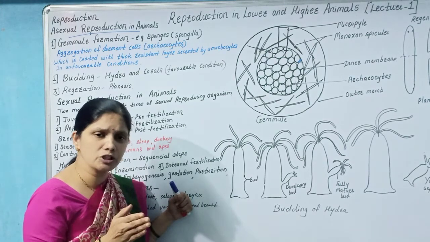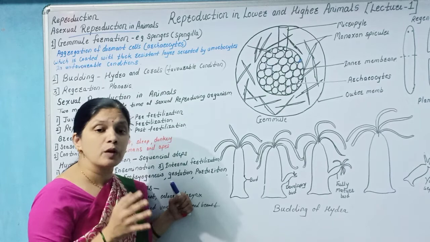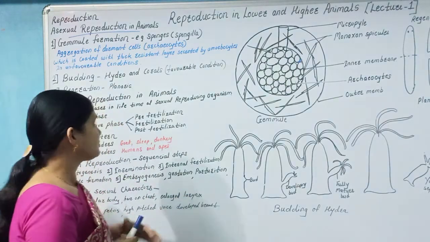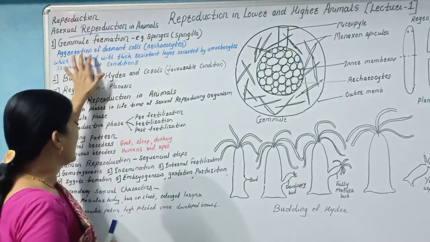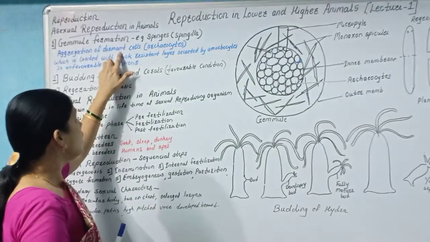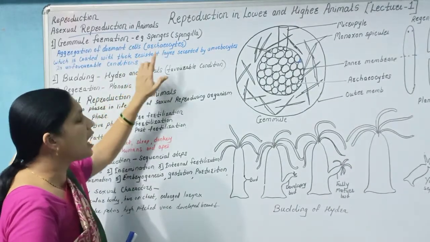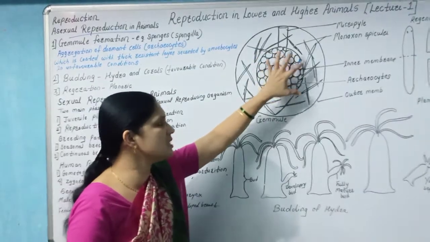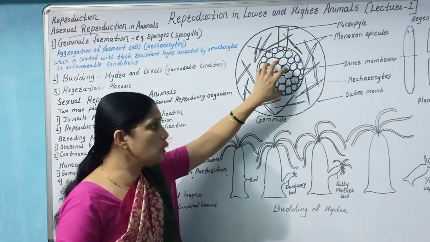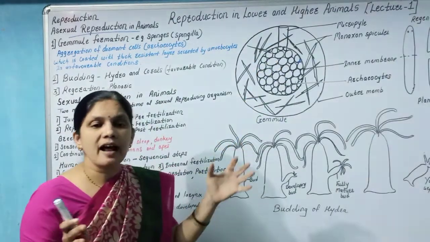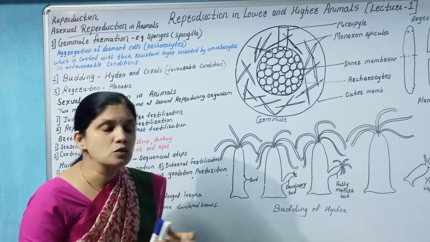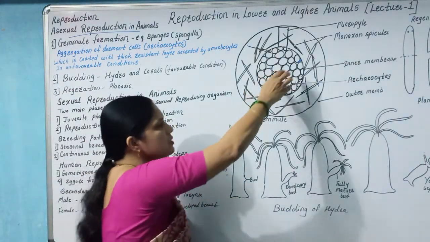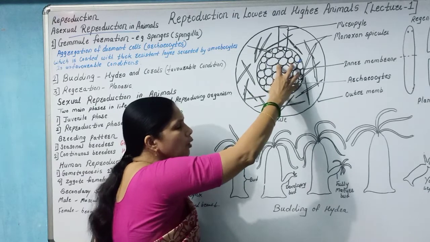In that condition, this animal forms an aggregation of dormant cells, that is archaeocytes. Number of archaeocytes असणार आहे. These archaeocytes are aggregated into a mass.